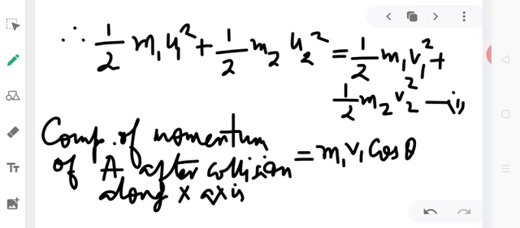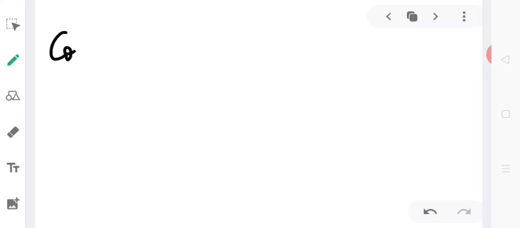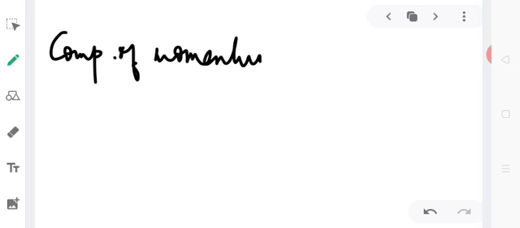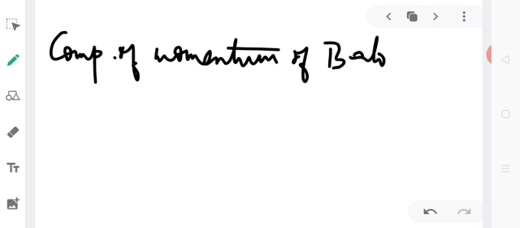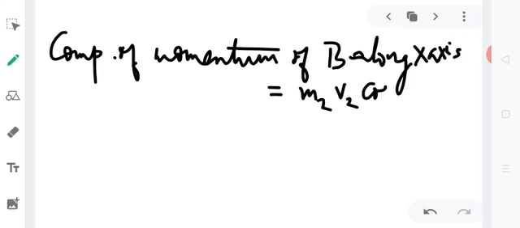Similarly, the component of momentum of B after collision along the x-axis will be equal to m2 v2 cos phi.